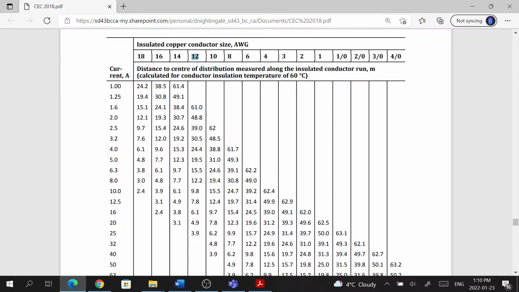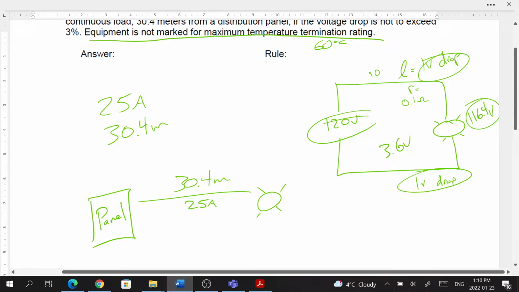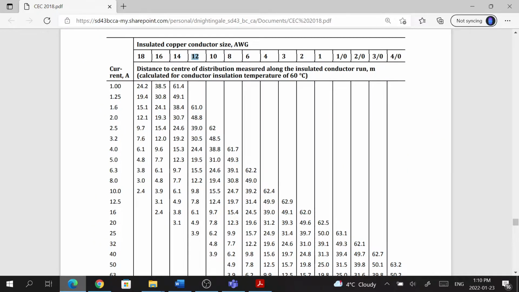Now, as we know, if we go back to our question, we got to run 30.4 meters. So number 12 conductor is not gonna cut it. What about number 10? So again, 6.2 meters, we can run number 10 with 25 amps on it and not exceed the 1% voltage drop.